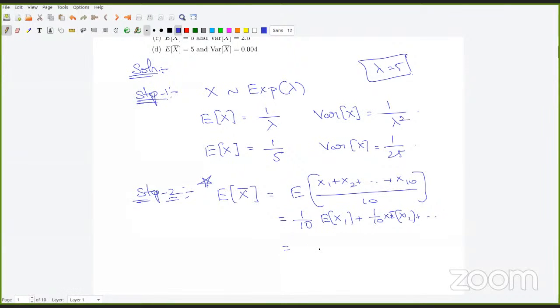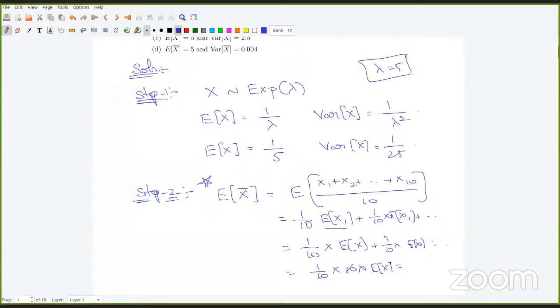Yeah. So you can use linearity of expectation and we will get 1 by 10 times expectation of x1, which is nothing but expectation of x, because x1 follows the same distribution x follows. So this is expectation of x plus 1 by 10 of expectation of x, and so on, 10 times. So 1 by 10 times 10 times expectation of x.